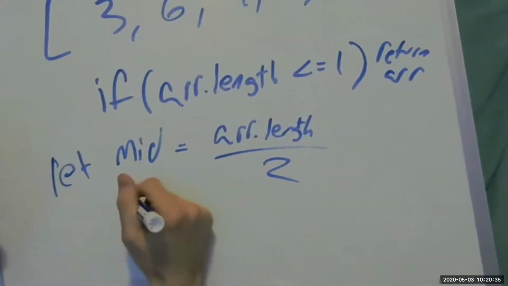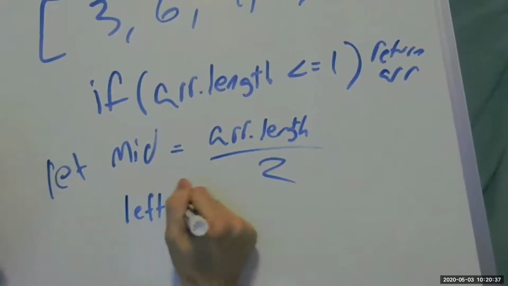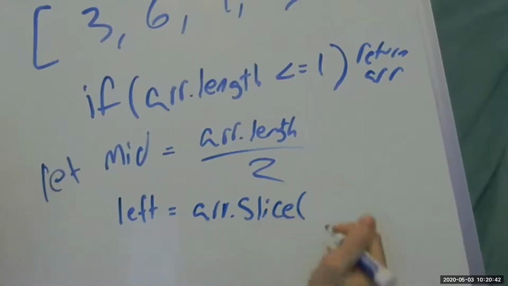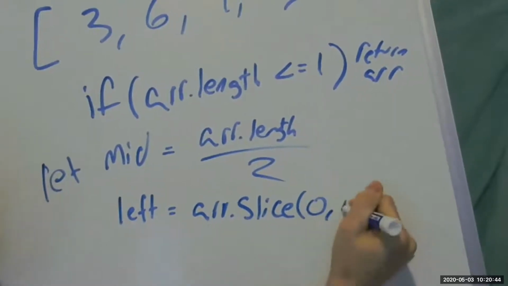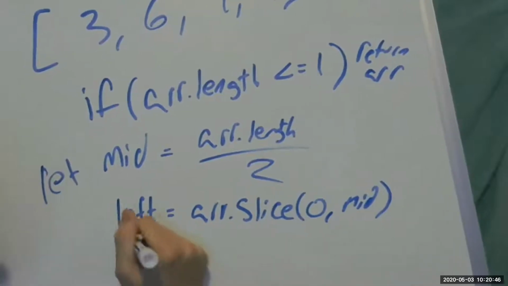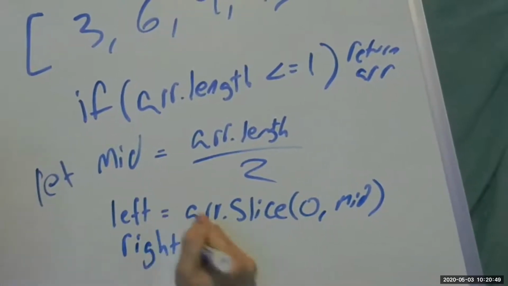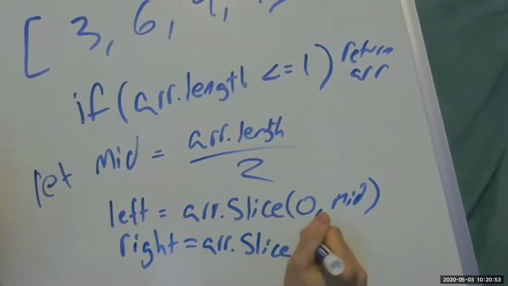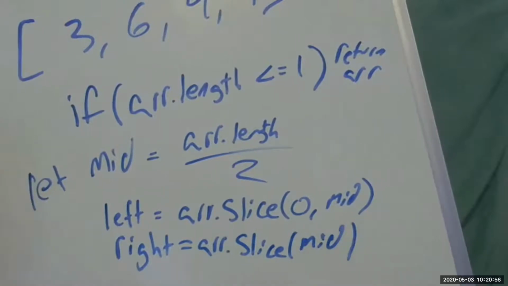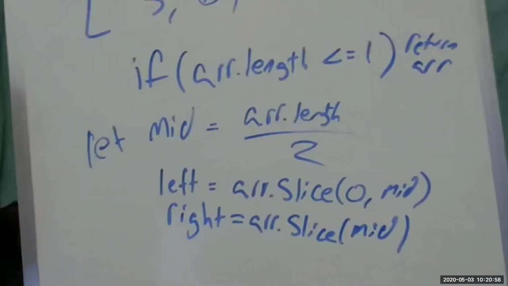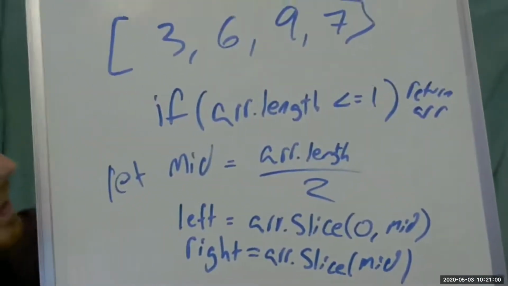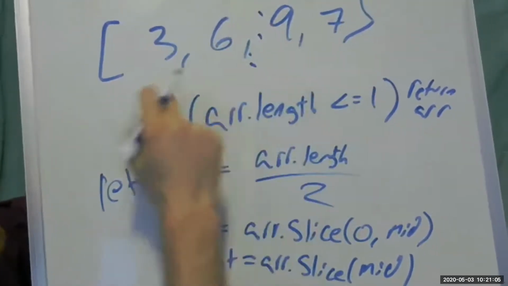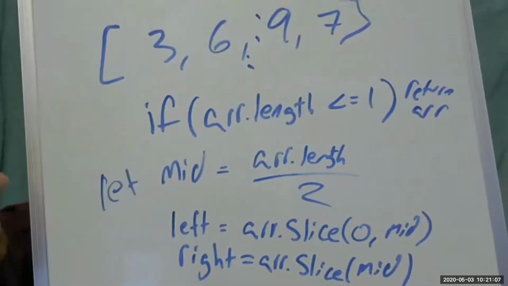So we've got this left, which is just our array dot slice of 0 to mid. And we have our right, which can just be our array dot slice from the mid, right? So now we've isolated our lefts and our rights. So we're able to split this array. So we have these two different arrays.